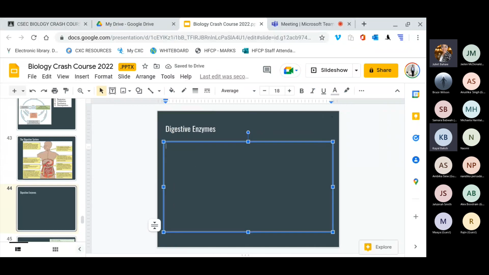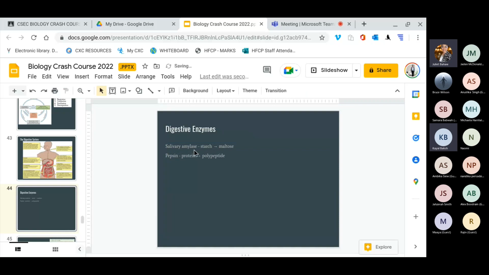So for instance, you have salivary amylase. This is used to break down starch into maltose, right? Then you have pepsin. This is for protein into polypeptide, right? So I will leave this for you. This is something you could work on.